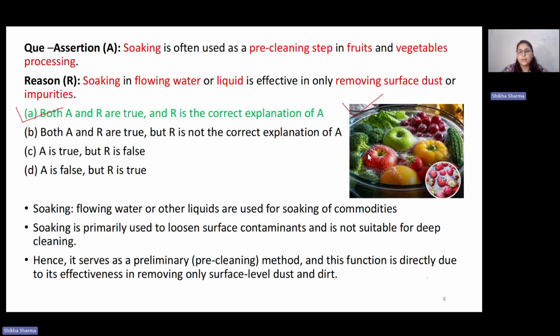Sometimes we use lukewarm water, and sometimes we also do an agitation process. So soaking is basically a pre-cleaning step, which is correct.